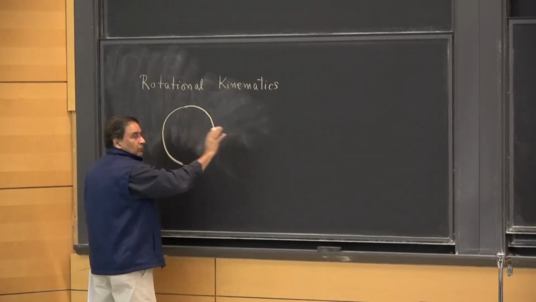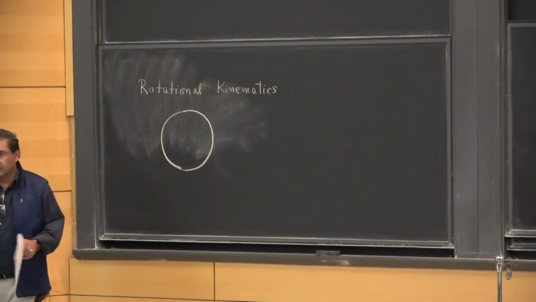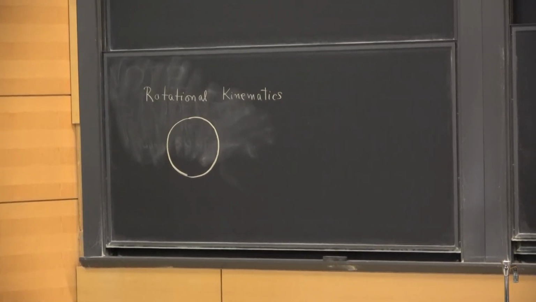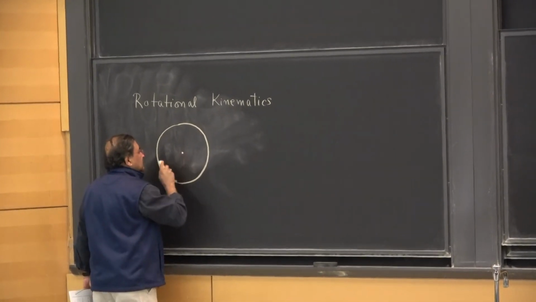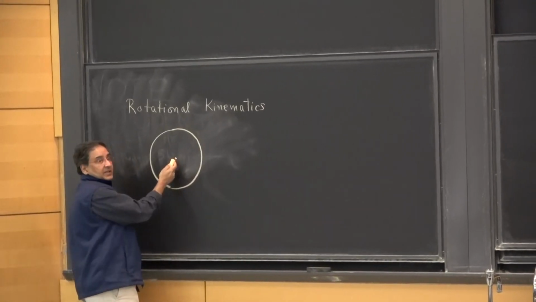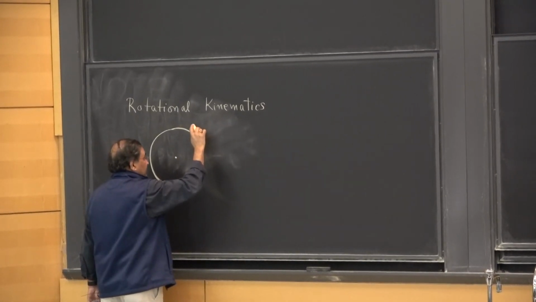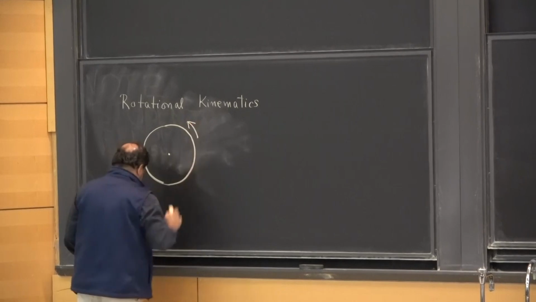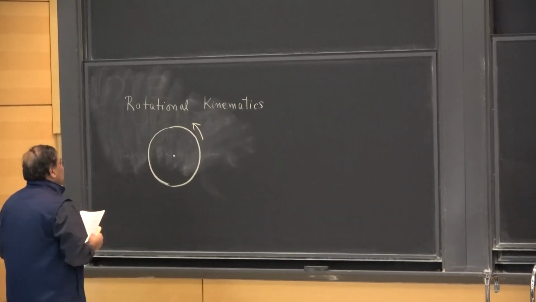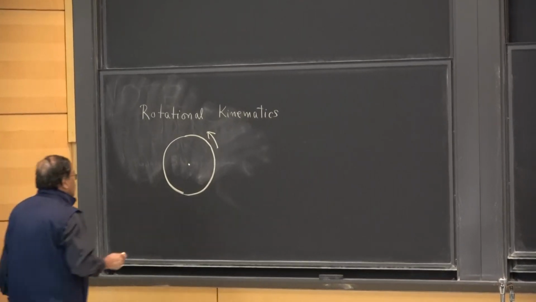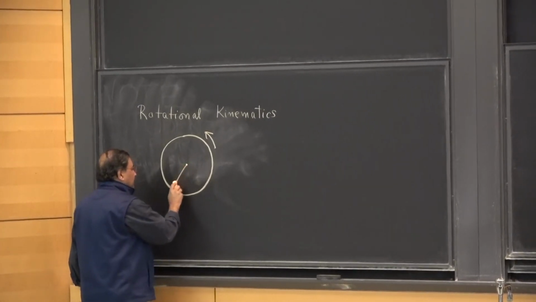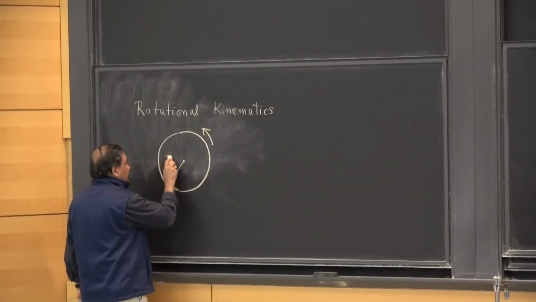So this wheel is not moving in the sense that it's not going sideways or up or down, but this wheel is turning on its own axis. Let's say the axis is the center. It doesn't have to be the center, but let's say the axis is at the center, and let's say this wheel is turning. How do we analyze these problems is where we start today. So it turns out that you first have to worry about the radius r of this.